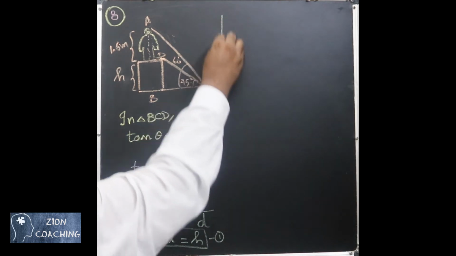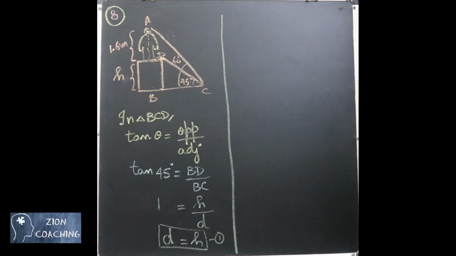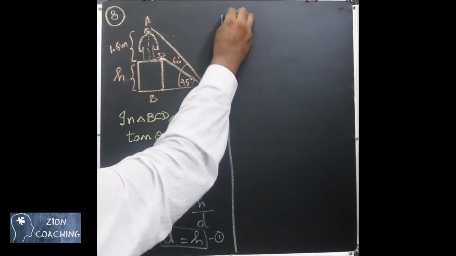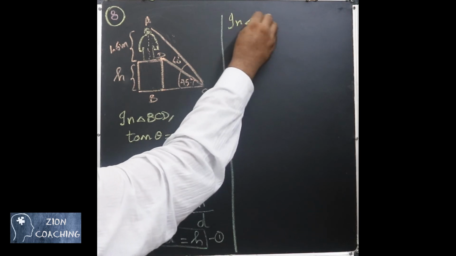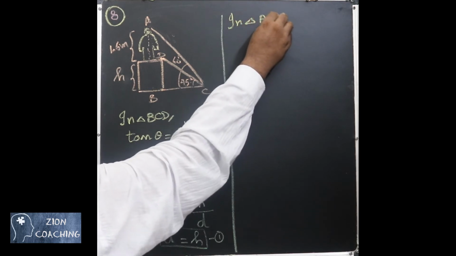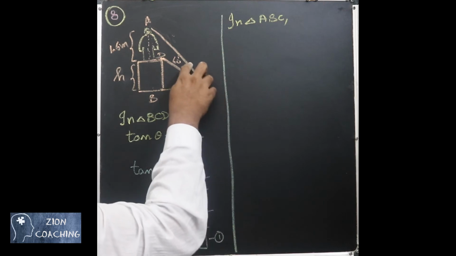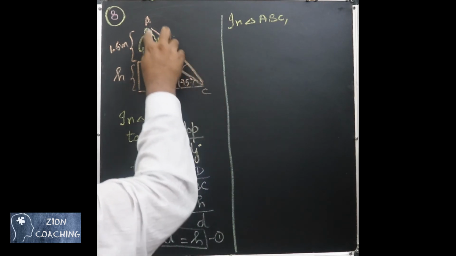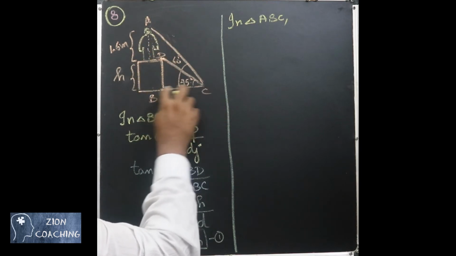Now, taking the bigger triangle, that is in triangle ABC, we have this angle 60 degree. We are going to relate the opposite side and the adjacent side.